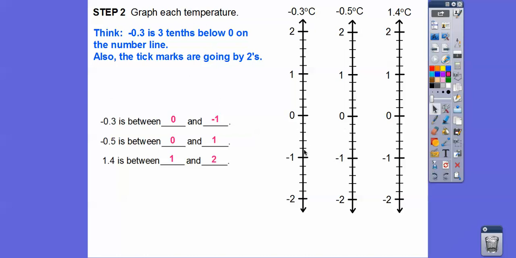Here's -2/10, here's -4/10, so -3/10 is going to be right there. And then -5/10. Here's 2, 4, here's 6, so -5/10 is going to be right there. And then finally 1.4 positive. Here's 1.2, 1.4 is right there.